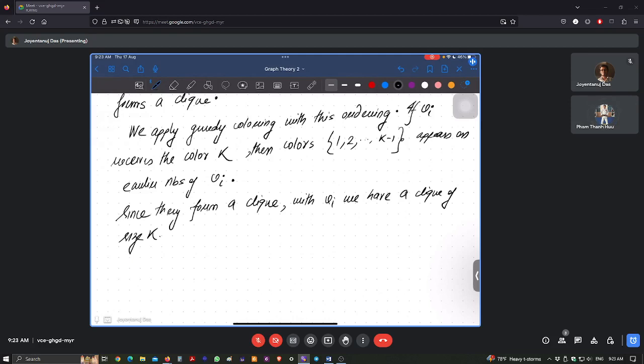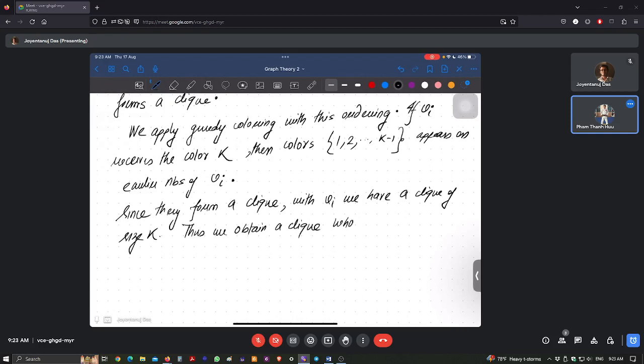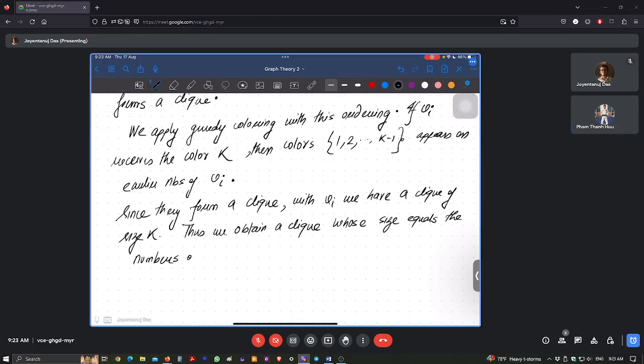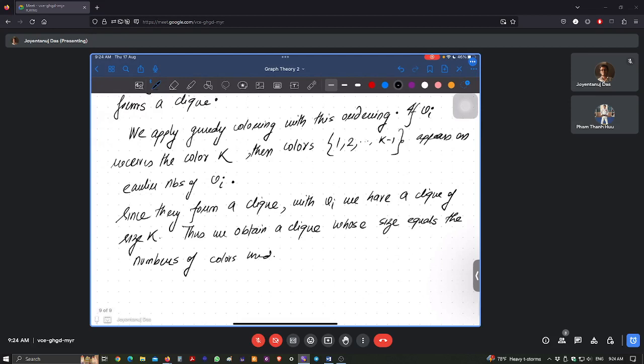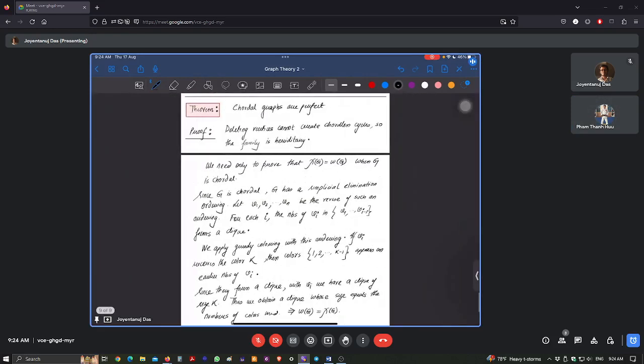Hence we obtain a clique whose size is equal to the number of colors used. So the clique number is equal to the chromatic number, and this is exactly what is needed to prove that it is perfect. That's why chordal graphs are perfect.